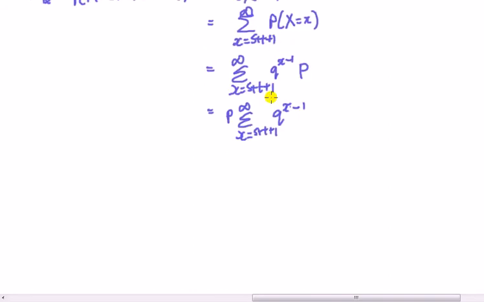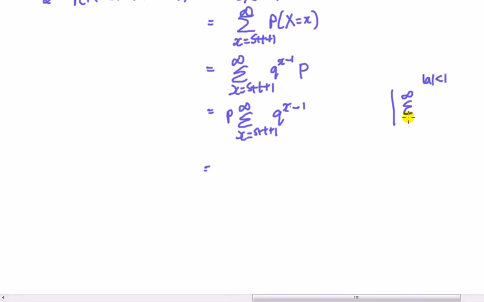Now that looks fine. Okay, well, we've got this infinite sum, so it's like a GP, isn't it? It's an infinite one, except that instead of starting at 0, we're starting at a point which is not 0. We know that if this starts at 0, then it'll be of a nice form, because q is a number less than 1.